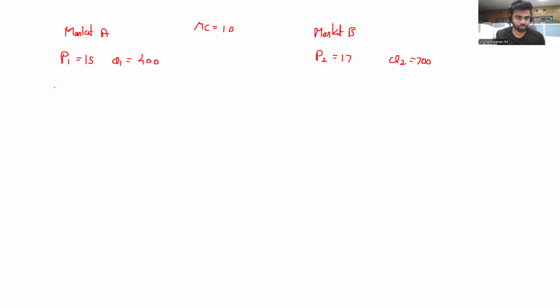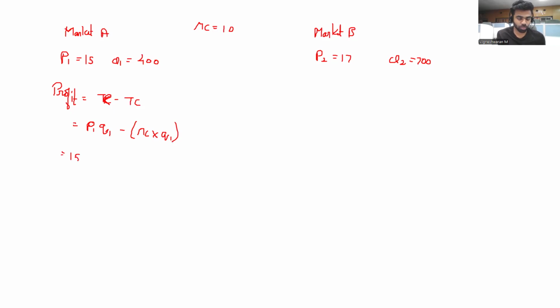Now, profit is equal to total revenue minus total cost. Total revenue means P1 Q1, minus total cost, which can be obtained by MC into Q1.